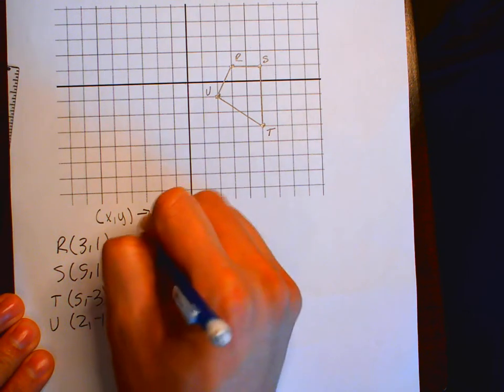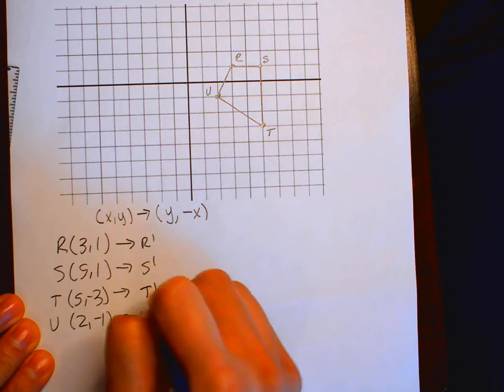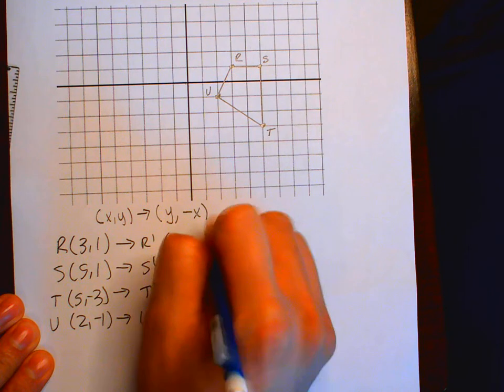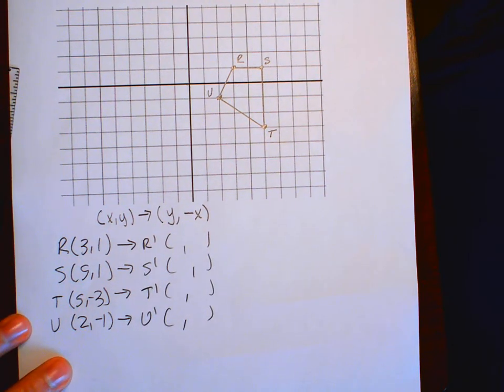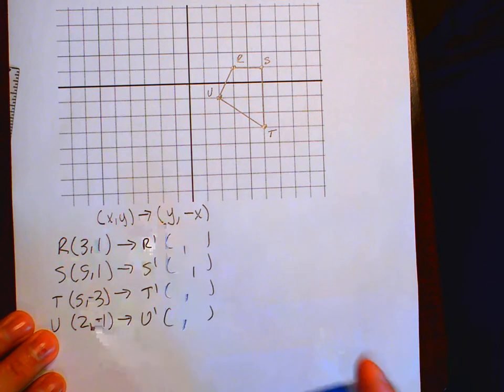Okay, for R prime, S prime, T prime, U prime, we're going to apply that rule. Let's look at what does not change. The y value goes in place of the x value unchanged.